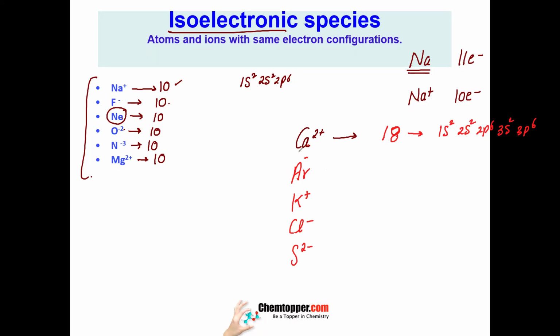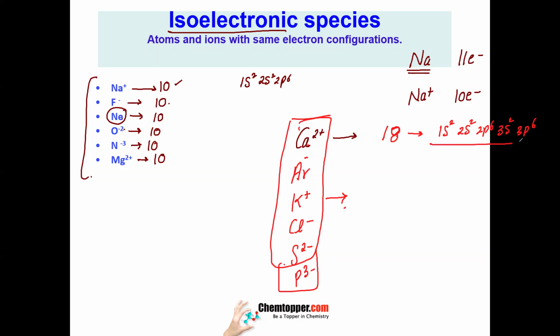So these are isoelectronic. How many shells are there in all of them? How many shells? Number of shells in all of them? Yeah, P3 minus. Who is this? Bhavya. Perfect. They all are isoelectronic. How many shells? Can you check the shells here? 3 shells. Perfect answer. They all are with 3 shells. Perfect, Bhavya. Very good.